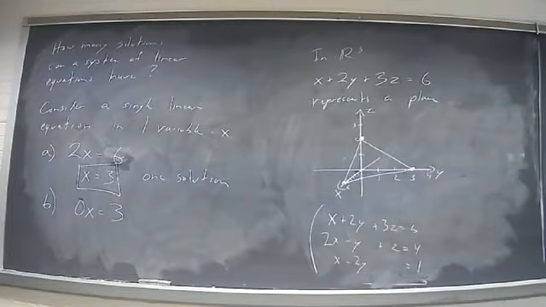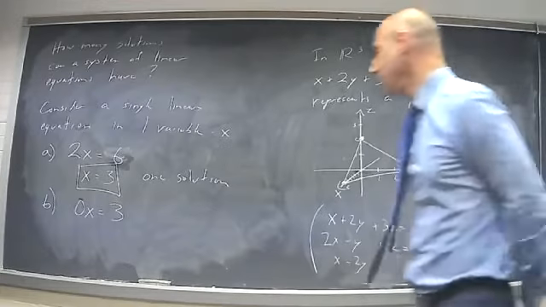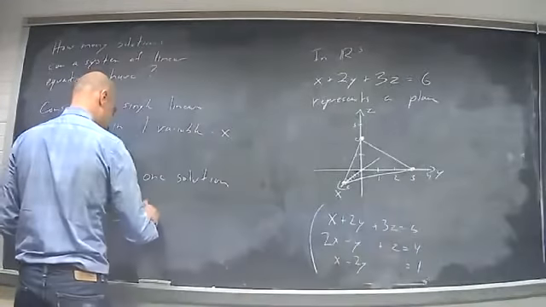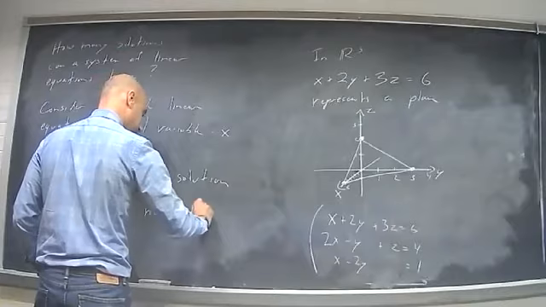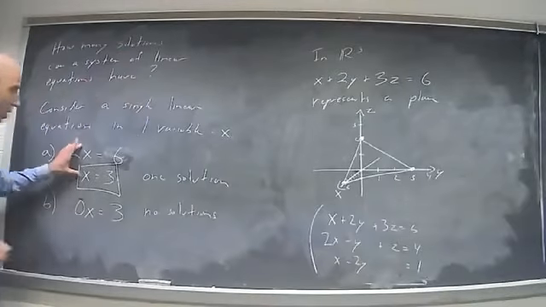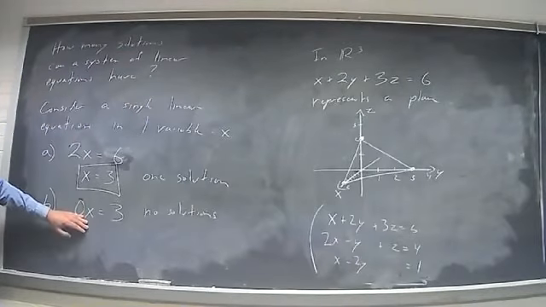Is there anything I can plug in for x that makes that true? No, there's nothing I can plug in for x that makes 0x equal 3. 0 times x is equal to 0. I don't care what x is. 0 times x is not 3. So this has no solutions. This had 1. This has none.